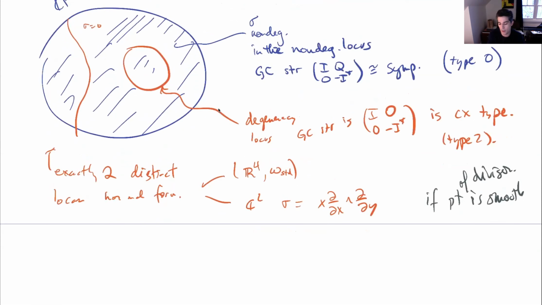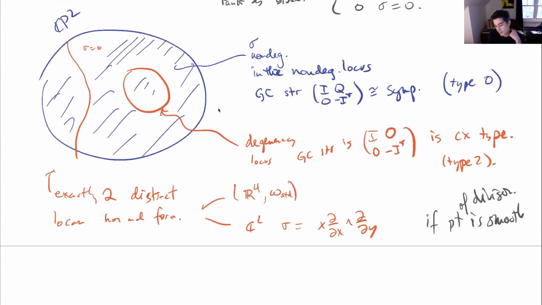In fact, if you take the germ of a curve in the plane, that always defines a Poisson bracket, and all those germs of curve singularities are all distinct Poisson structures, and they are all distinct GC structures.